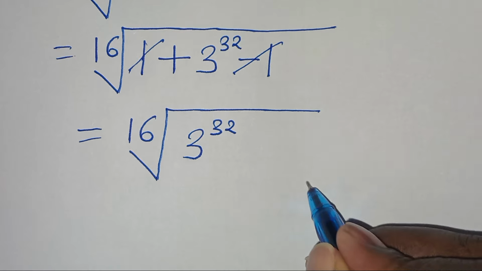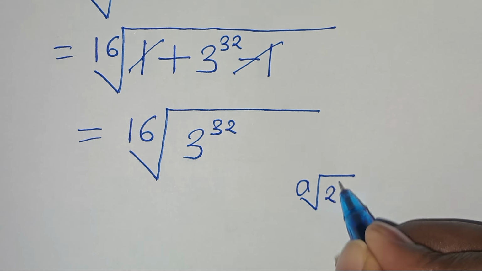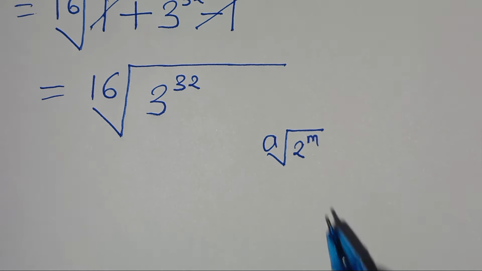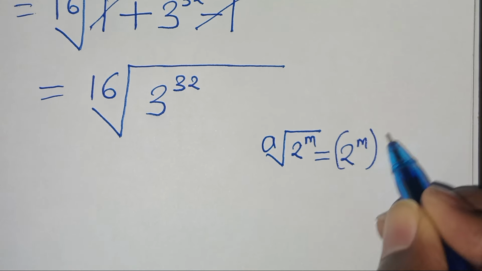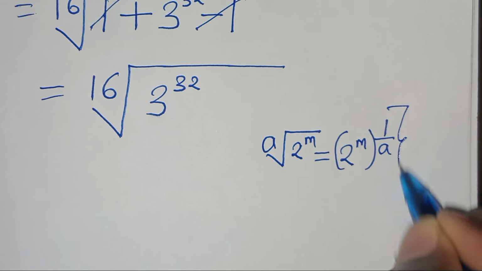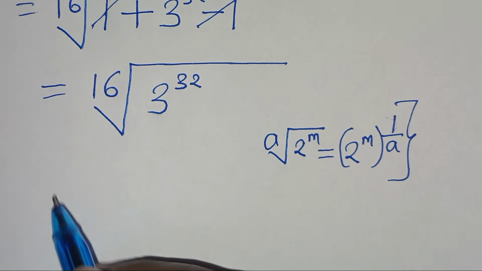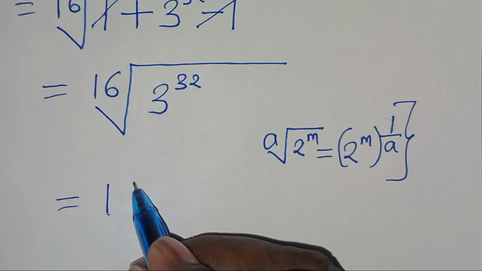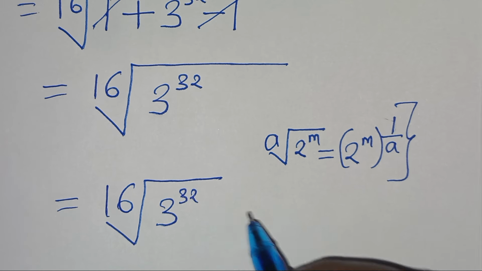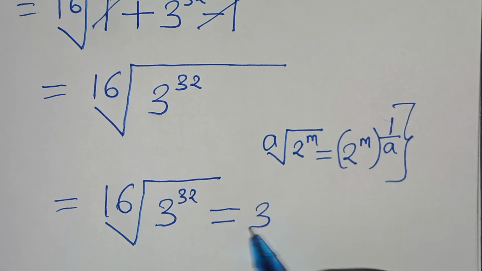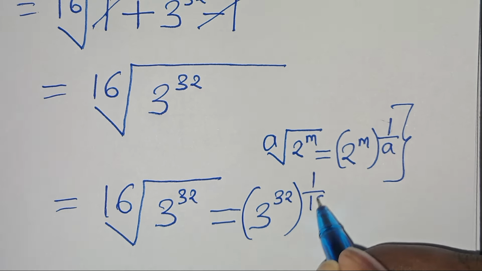Given that the a-th root of 2 to the power of m can be expressed as 2 to the power of m raised to the power of 1 over a, let's apply this property. Here we have the 16th root of 3 to the power of 32. This is the same thing as 3 to the power of 32 raised to the power of 1 over 16.